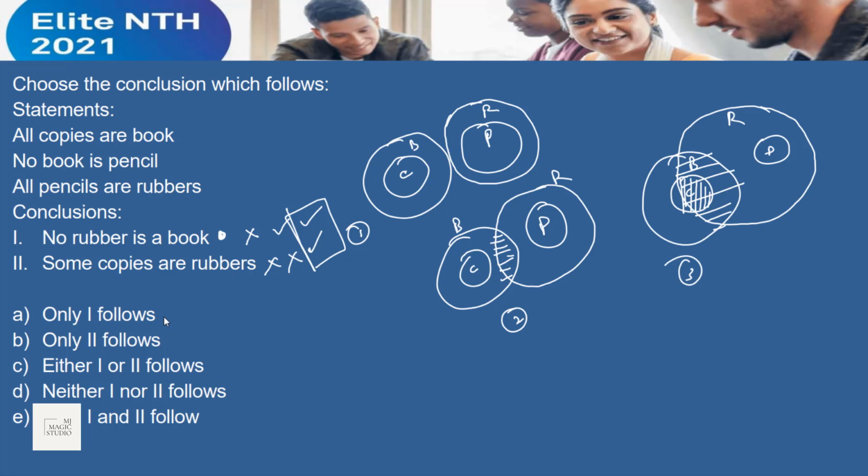So initially we can't say only 1 follows or only 2 follows. Either 1 or 2 may follow. If 1 is correct in Venn diagram number 2, then 2 is not correct in any one of these.